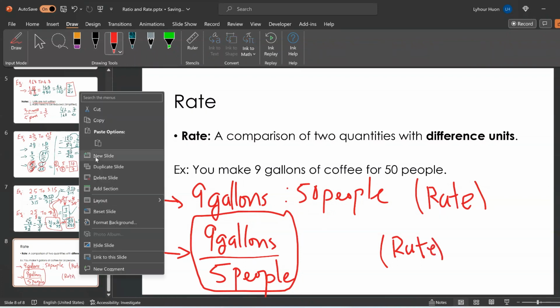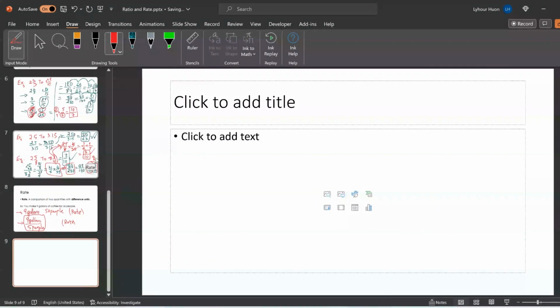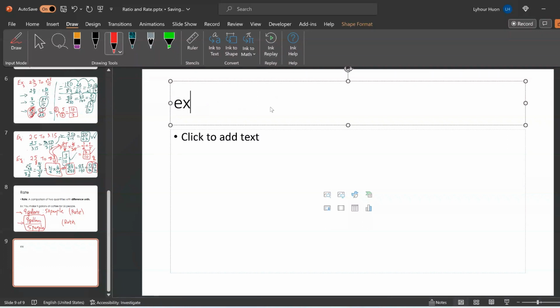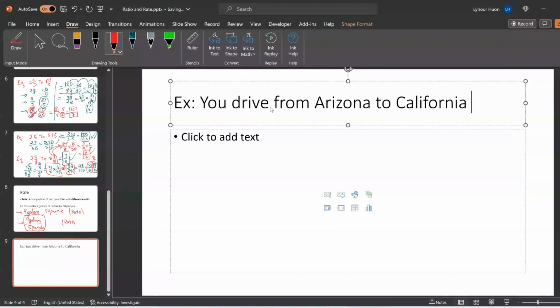So let's give another example. Let's say you drive from Arizona to California. What is the distance from Arizona to California?